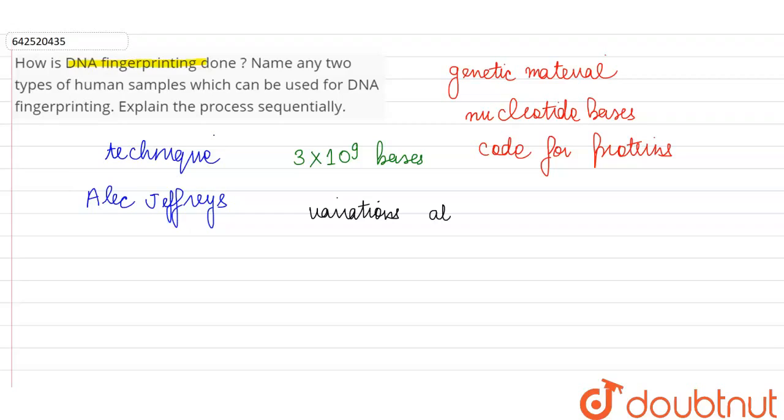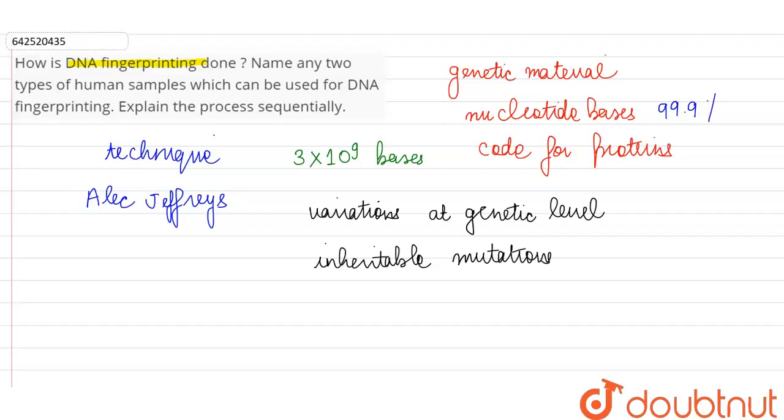So we find that there are some variations at genetic level which are probably created due to mutations. So such inheritable mutations are found at various sites in the DNA, because if we look at the genetic material, 99.9% of the nucleotide bases are exactly the same for all of the people.